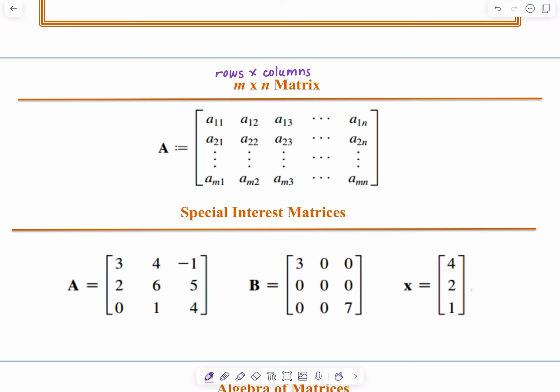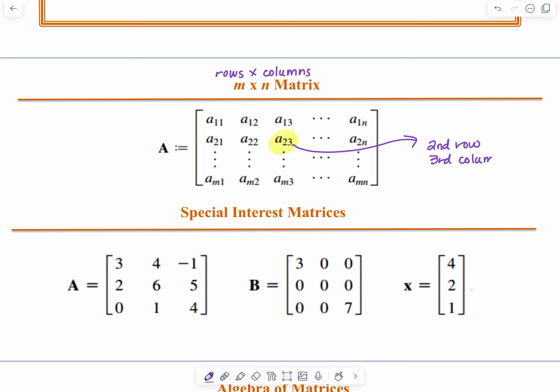The element in the ith row and the jth column. So if we look for that, we could use this element right here, and this element right here is in the second row and the third column.